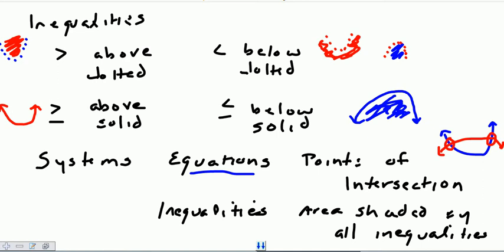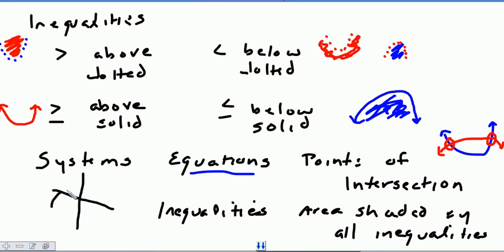So let's say that I have a system of quadratic inequalities where I have one quadratic that goes this way, and I shade the part underneath of it. So I shade this part underneath of that quadratic, and then I have a quadratic that opens the other direction and goes this way.